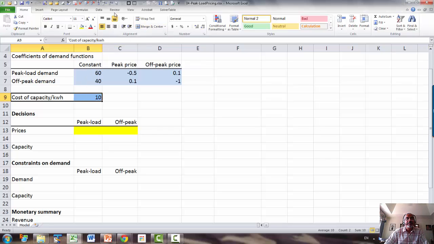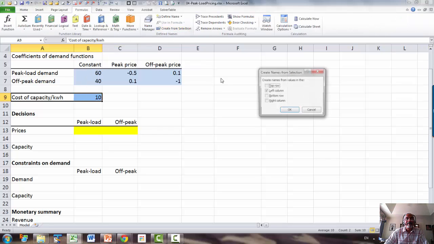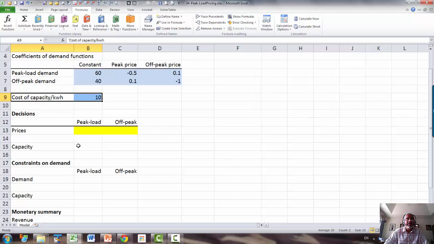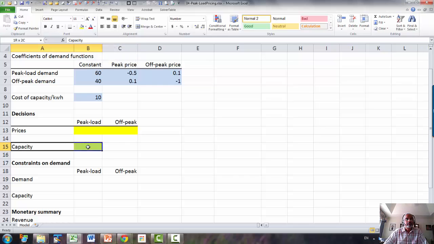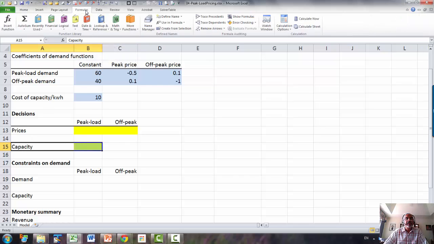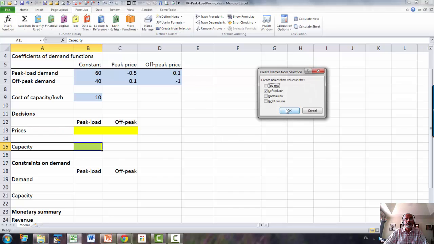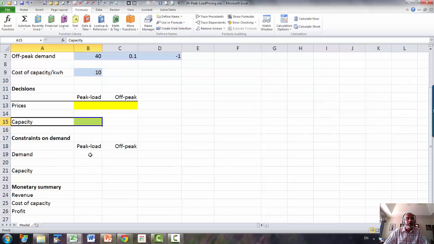So capacity, let's give a name. Now capacity is another decision variable that we have to have. Let's give a name here. Okay, now we set up the demand.